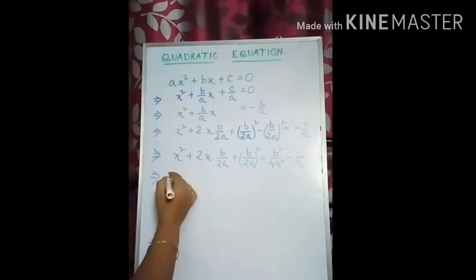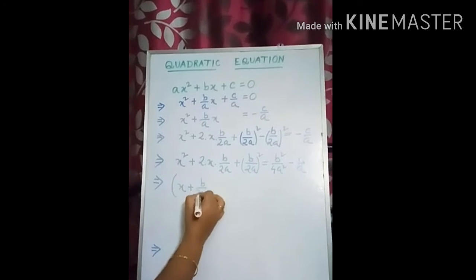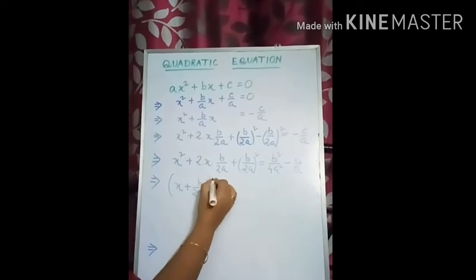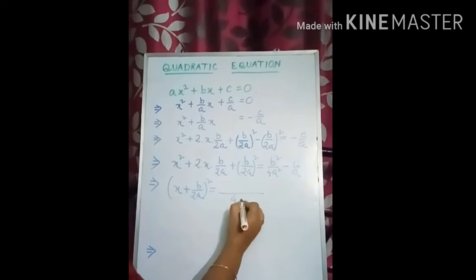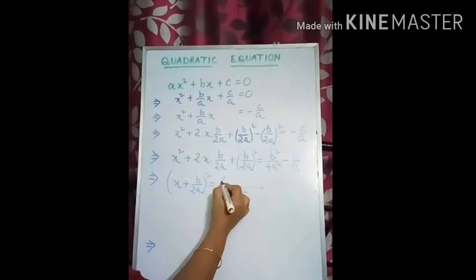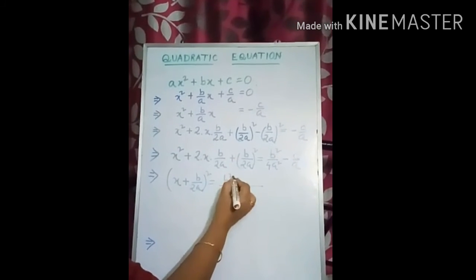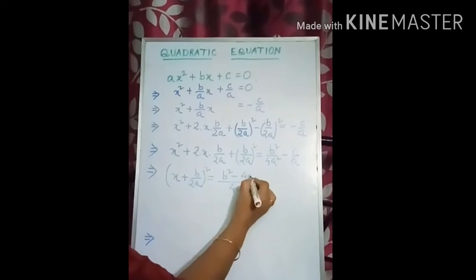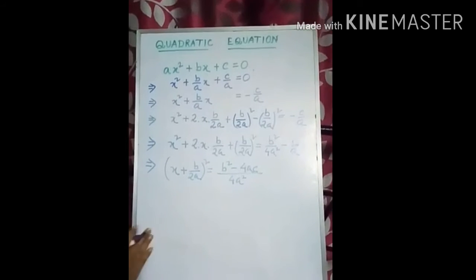Now in a plus b whole square form, x plus b by twice a whole square is equal to, if we take LCM here, 4a square I will get, and above I will get b square minus 4ac. You look, this one b square minus 4ac.